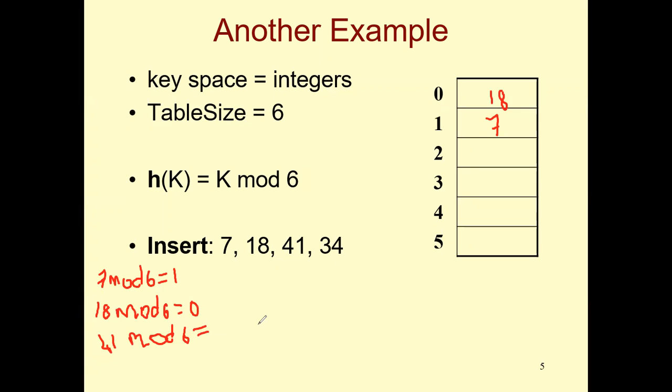If you get 6, you're correct. 6 sixes is 36, and therefore our remainder would be 5. Therefore 41 would go into index 5.